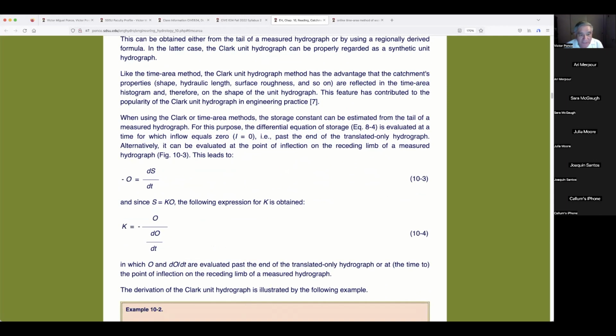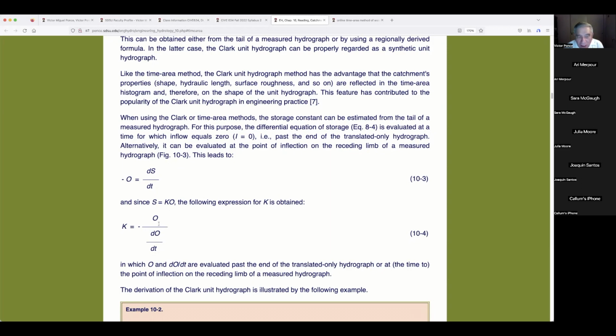How is that? Because the equation is inflow minus outflow equal to dS/dt. And after the point of inflection, we already talked about, the inflow is 0. So therefore, 0 minus outflow equal to dS/dt. And since S is equal to KO by definition in a linear reservoir, you replace S with KO in there and you get K equal to minus O over dO/dt.